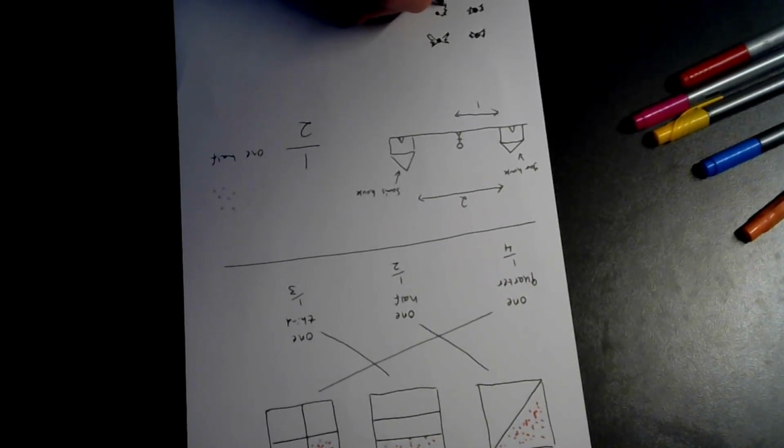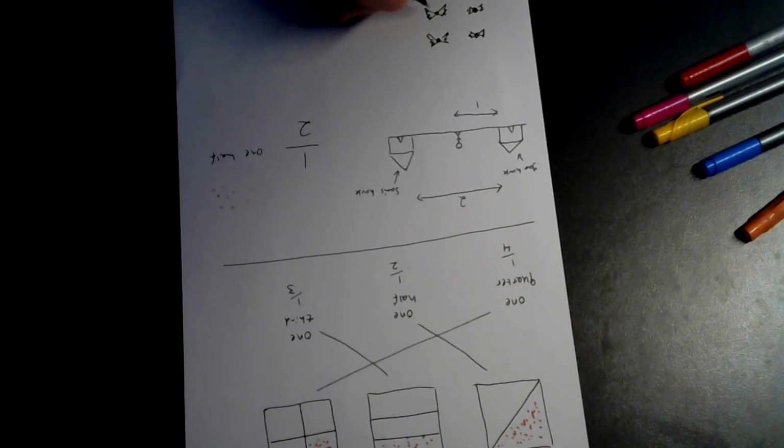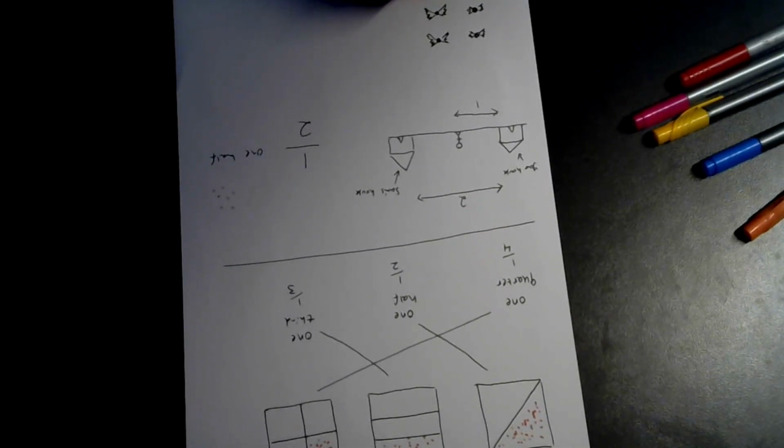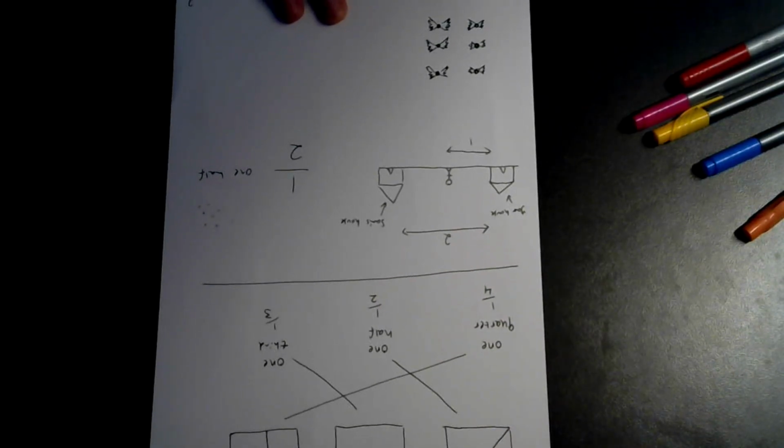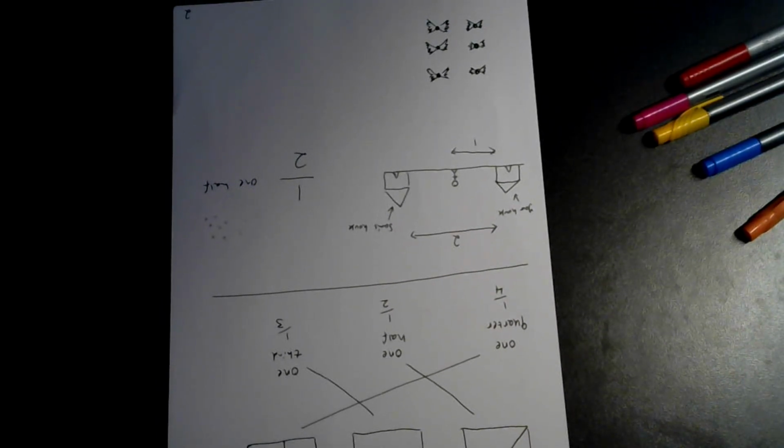So we're going to split up the sweets between 3 friends. And the question is, how does this link to fractions? Or even just how many sweets will each of your friends get?